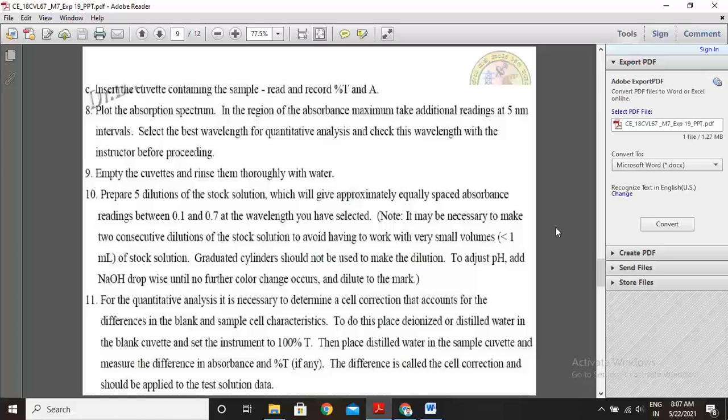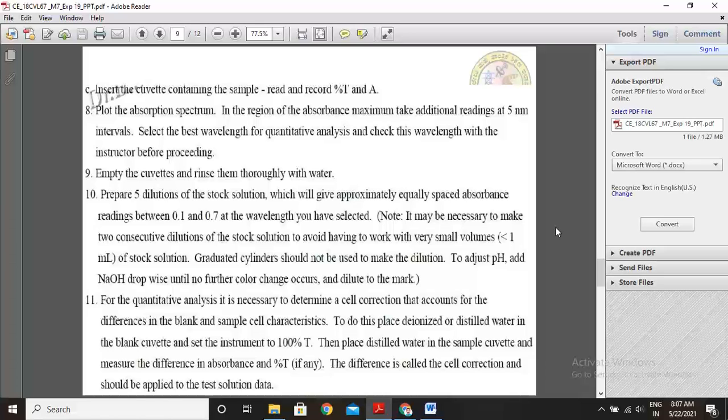And next step, prepare 5 dilutions of the stock solution, which will give approximately equally spaced absorbance readings between 0.1 and 0.7 at the wavelength you have selected. Graduated cylinder should not be used to make the dilution.